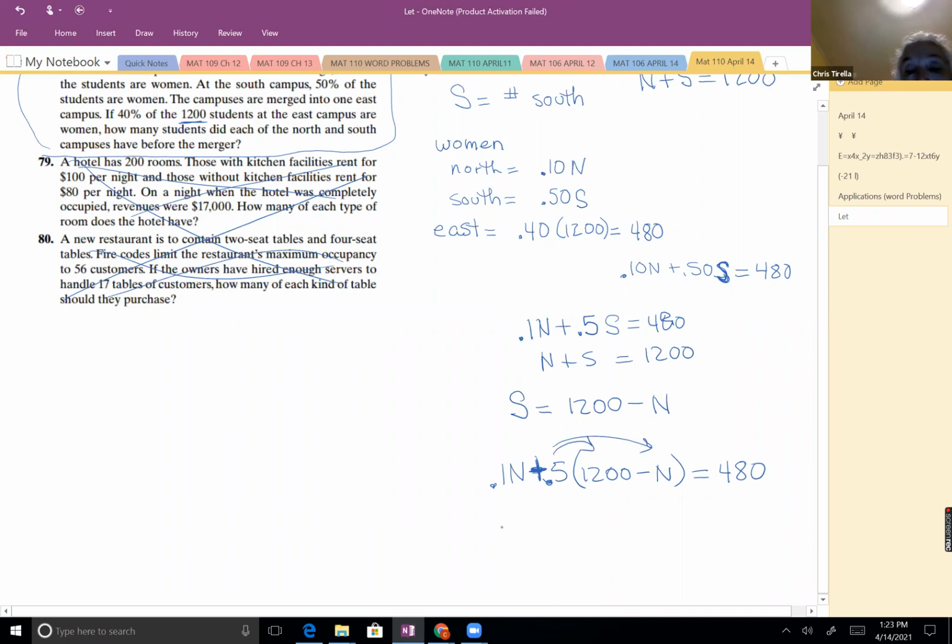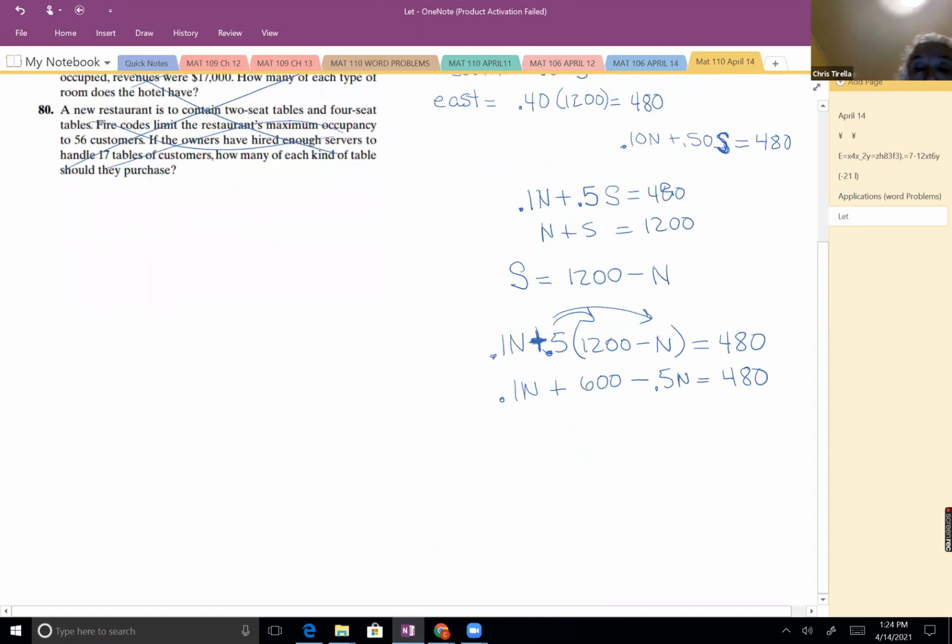Distributing, we get 0.1 n plus 600 minus 0.5 n equals 480. Or 600 minus 0.4 n equals 480.